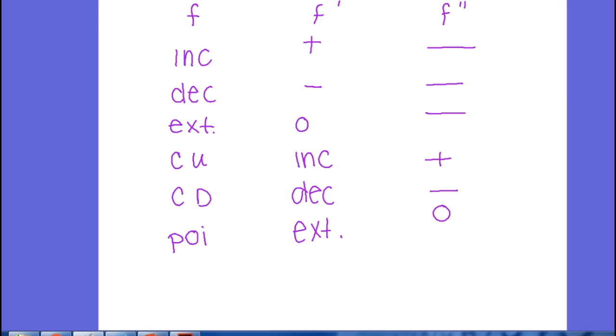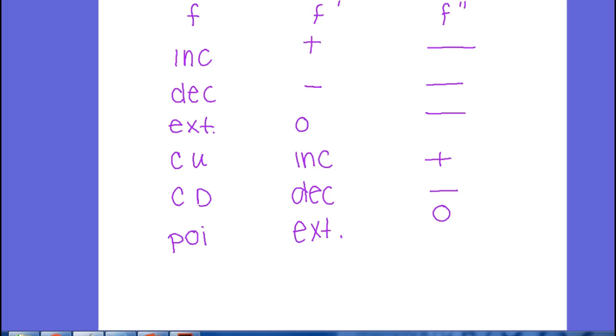Reading down the abbreviations: increasing, decreasing, extrema, concave up, concave down, point of inflection. Column 2: positive, negative, 0. That 0 can also kind of be a DNE, and we're going to talk about that.